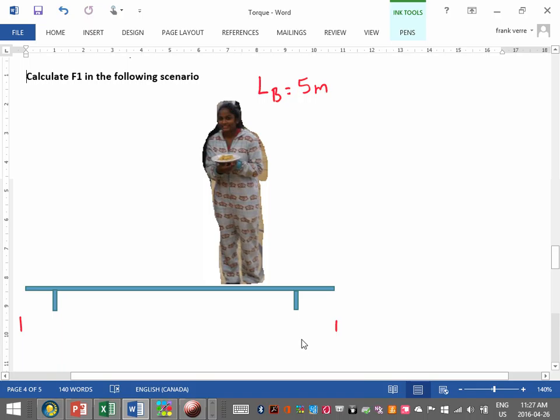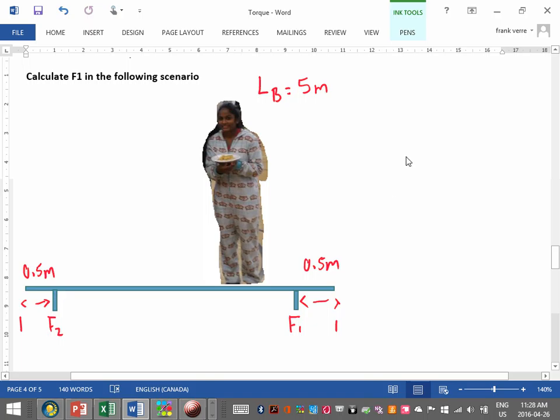And we'll call this F1, and we'll call this F2, and F1 and F2 are basically due to these supports, and they're the same distance. So we'll say that this distance is half a meter, so that's 0.5 meters. That would be the same on this side, 0.5 meters.